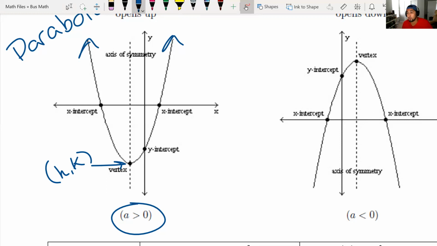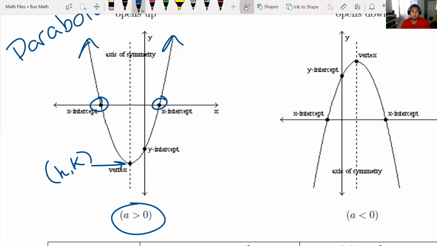And a next part of the parabola is you will always have one y-intercept. You will always cross the y-axis. And then as it opens up, we see that it crosses the x-axis. For a parabola, you could possibly have 2 x-intercepts, 1 x-intercept, or even no x-intercepts.